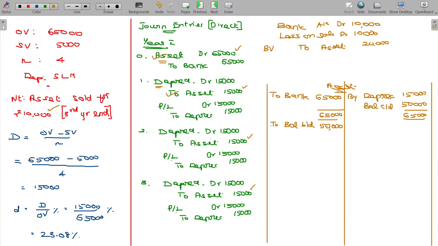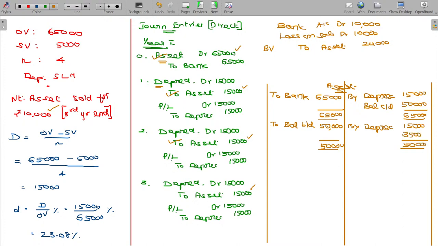So in the second year, when we carry on, again the asset's value is reduced by depreciation, the value being 15,000. If I close this, 35,000 will be the balance.